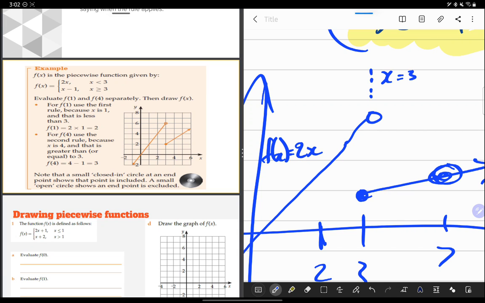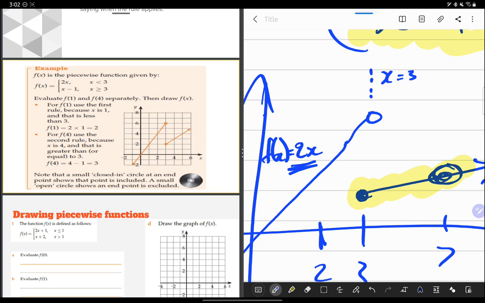There's no value. We don't use this equation at all. We can't say the function goes up to 2 times x, 2 times 3, so 6. We can't say that that's the value, 6. We can't say that, because we know that starting from 3, this new equation starts to apply, right?